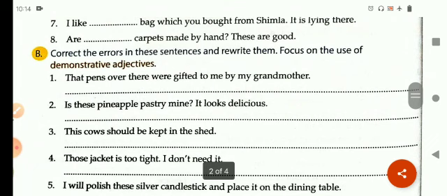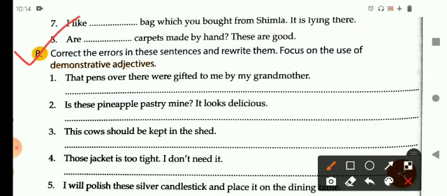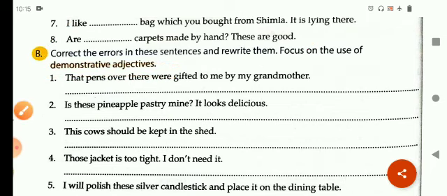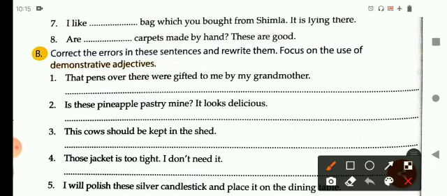Now come to the next exercise, that is correct the errors in these sentences and rewrite them. You have to focus on the use of demonstrative adjectives. The first one is that pens over there were gifted to me by my grandmother. So here we are talking about pens.